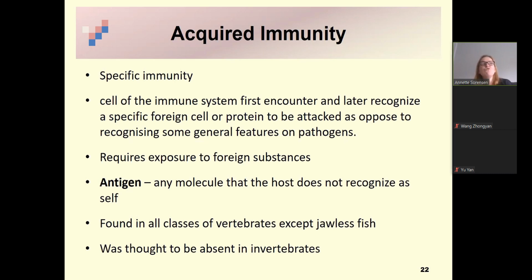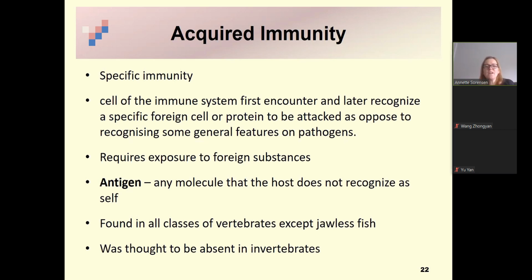It is very specific features that belong to only that pathogen. So it's not PAMPs, it's not general features. They're also called antigens, very specific antigens, which can only be found on that very specific pathogen.